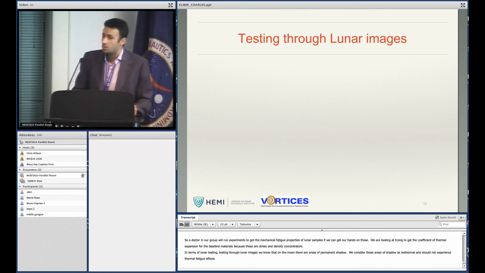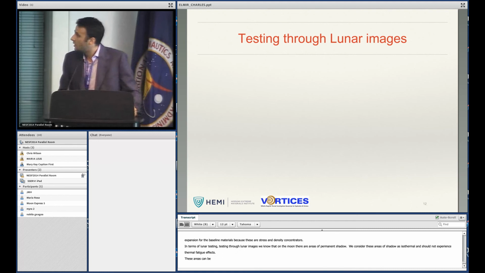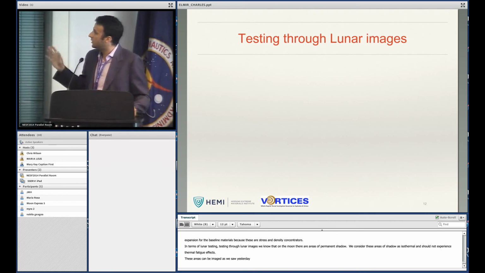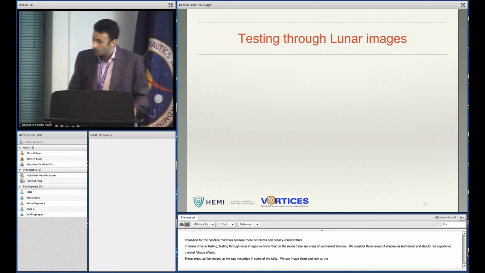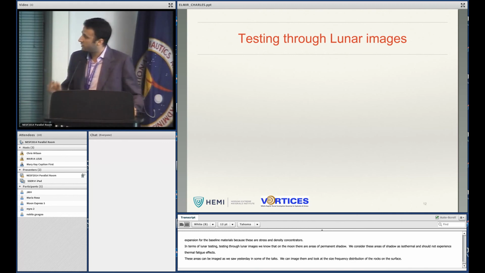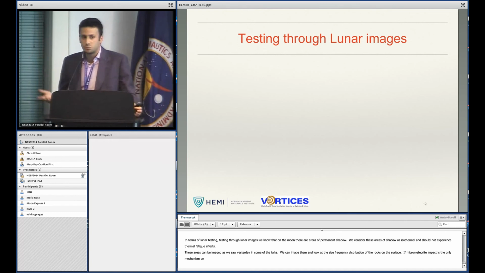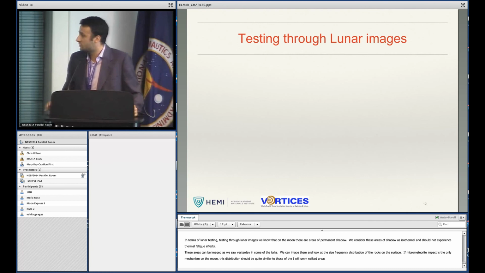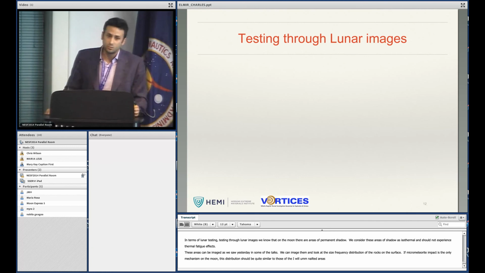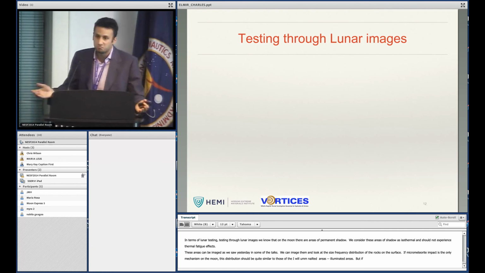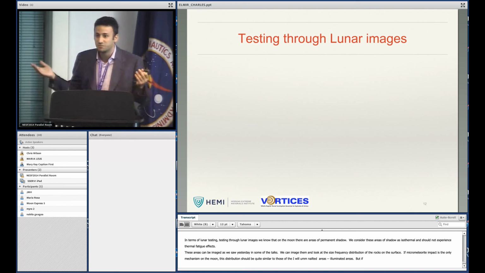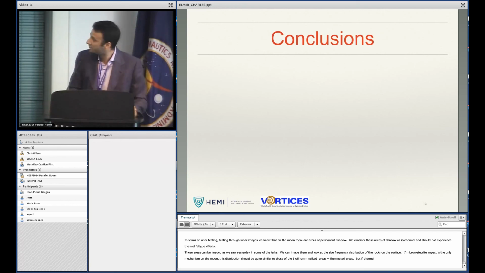These areas can be imaged, as we saw yesterday in some of the talks, and we can look at the size frequency distribution of the rocks on the surface. And then, if micrometeorite impact is the only mechanism on the Moon, this distribution should be quite similar to those of the illuminated areas. Whereas if thermal fragmentation is important on the Moon, we would expect to see different distributions. Maybe. We will have to look into that and see what we get.